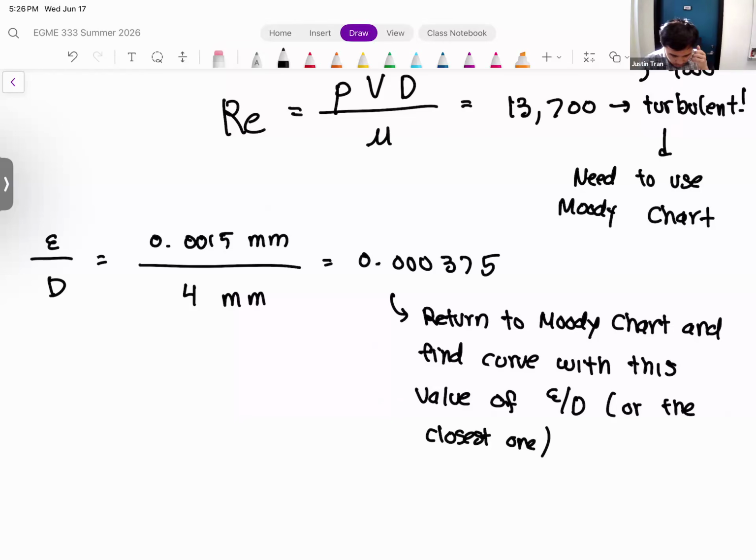Luckily for us, we're not that far off from an actual curve. There is a curve for epsilon over diameter of 0.0004.